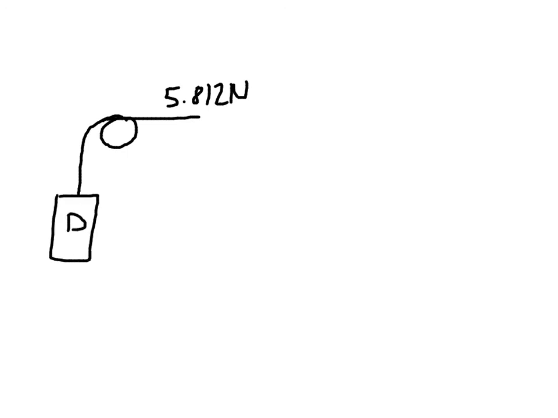So if we then consider finally this bit just on its own, we've got 5.812 newtons. We've got weight D. Our weight of D is going to equal our pull force, e to the mu beta, and our mu was given for the pulley or the peg at 0.5.